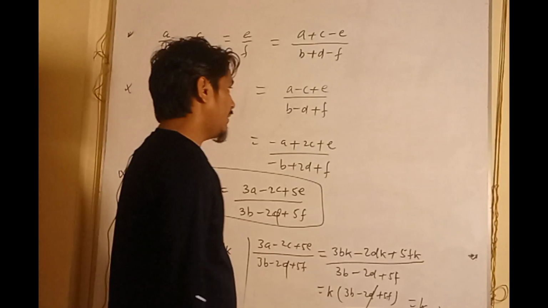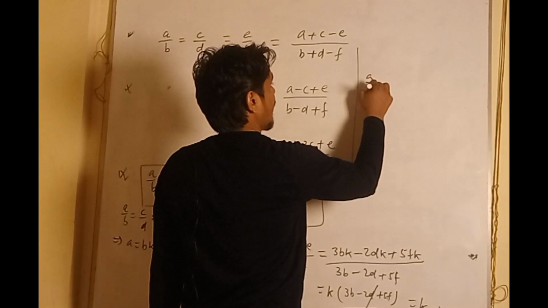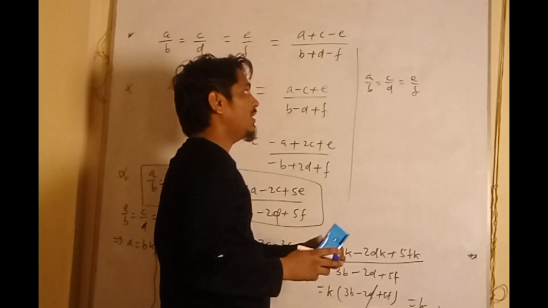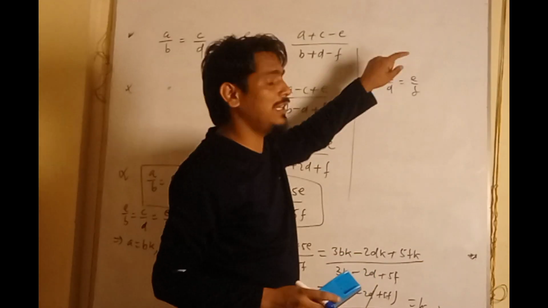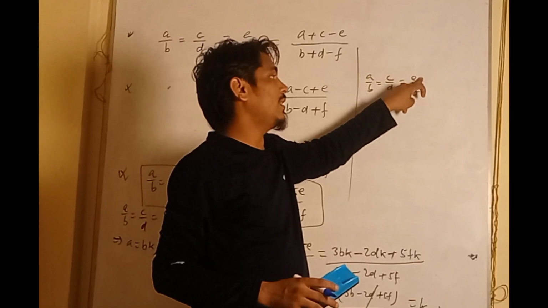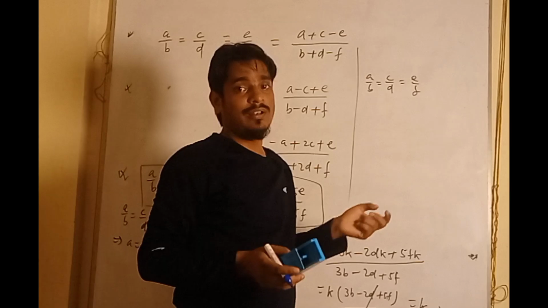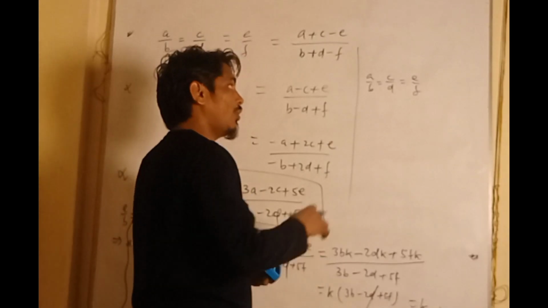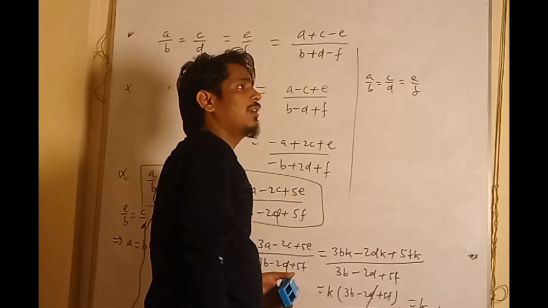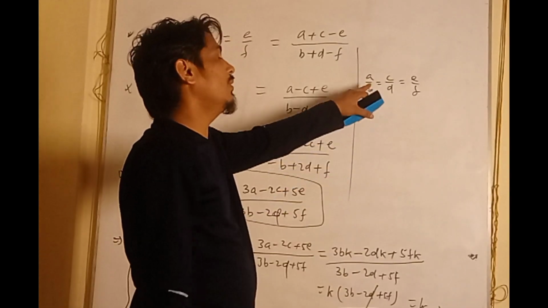So one thing we got: in a very general way, if a by b equals c by d equals e by f, then whatever combination of a, c and e we take, multiplying a with some number, c with some number, e with some number, adding all these and subtracting some of them in the middle, those linear combinations of a, c and e, or b, d and f, will all give the same result.